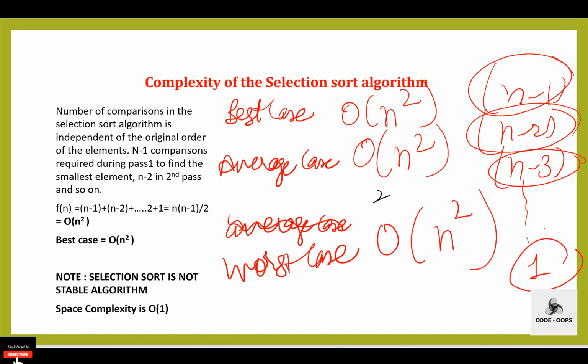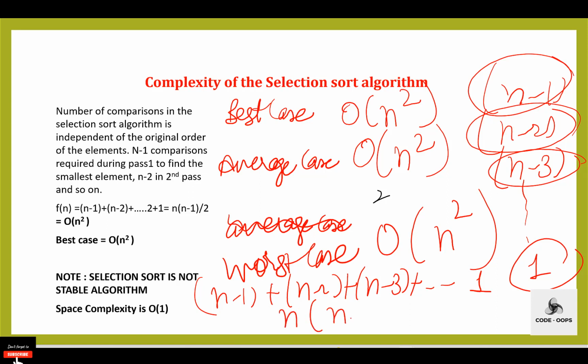The number of comparisons in selection sort can be calculated as a sum of n minus 1 plus n minus 2 plus n minus 3 plus up to 1, which is approximately equal to n of n minus 1 divided by 2.